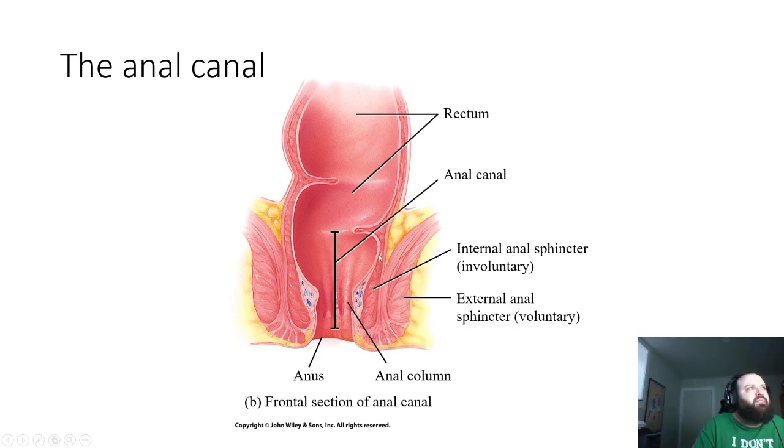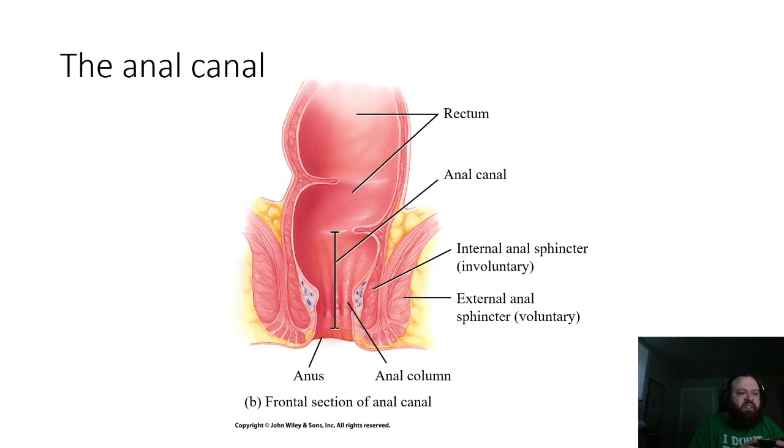In terms of tissue, you would expect the exact same types of tissue: mucosa, submucosa, muscularis, adventitia, or serosa, but the epithelium in the anus is going to transition again from being simple columnar to being stratified squamous.